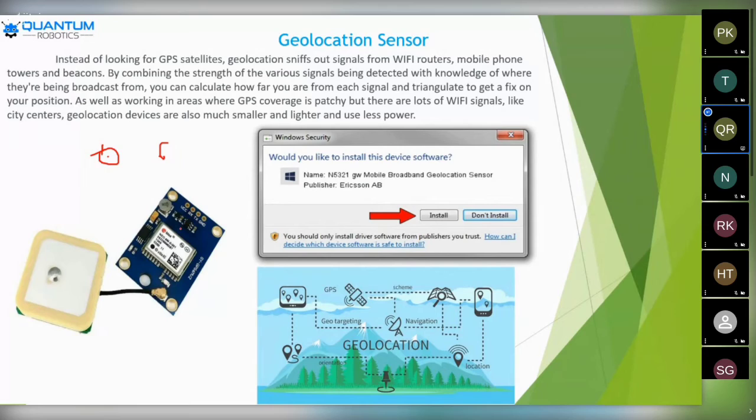If there is signal modulation, it will go with a receiver and transmitter, or else if we go with a pin location, there also we can see the receiver and transmitter options. There was a pop-up on how we need to install the geolocation application, which I'm going to show you. That's why I have kept this pop-up.